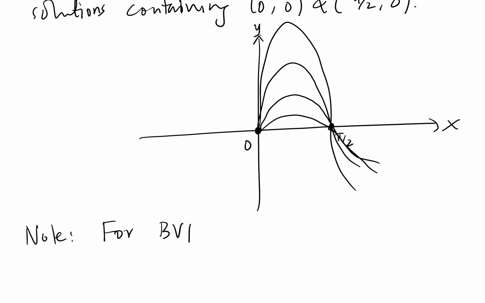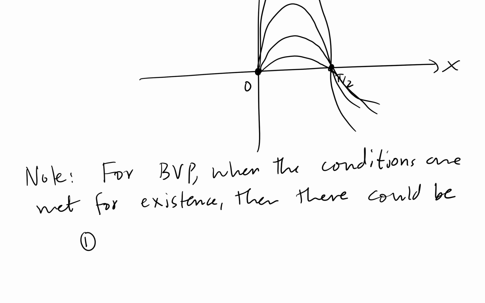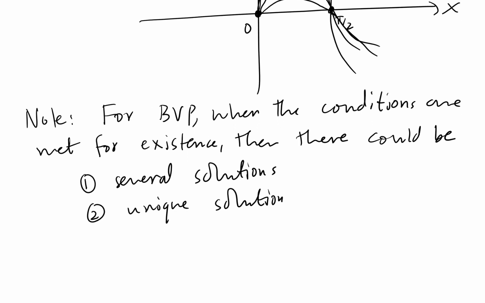For a boundary value problem, when the conditions are met for existence, then unlike the initial value problem, there could be several solutions, or there could be a unique solution, or none.